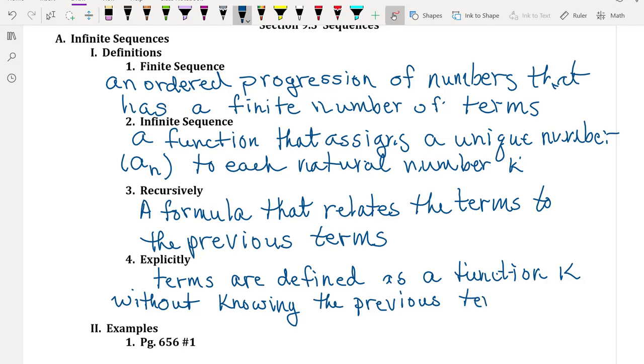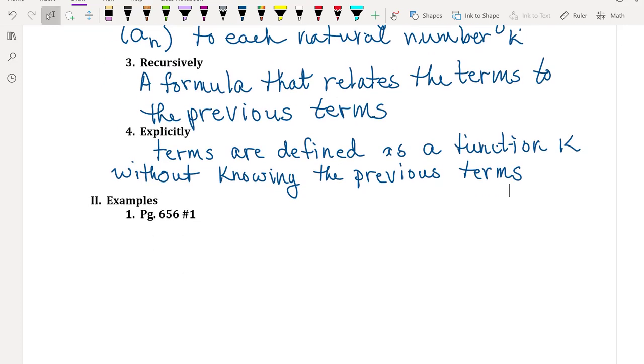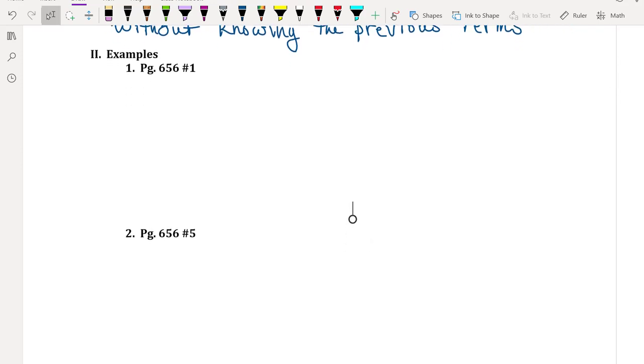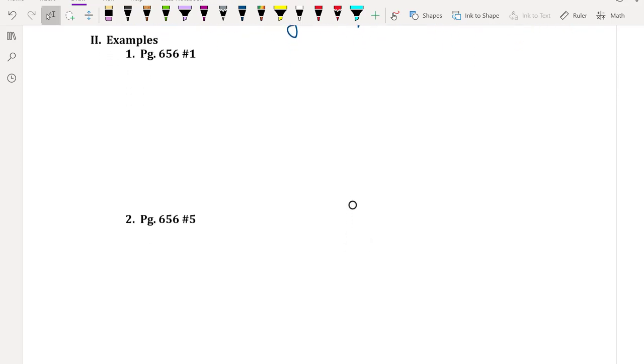Okay, a couple examples, one where we're going to use a recursive formula and one where we're going to use an explicit formula. So the first example is number 1 on page 656, and that is going to be an explicit formula.